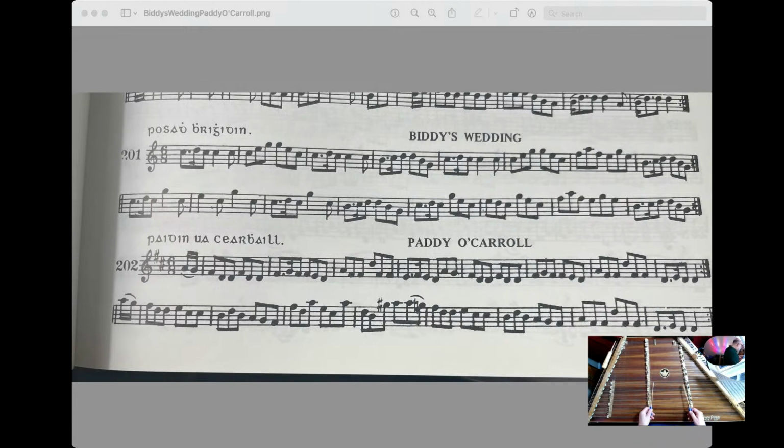Now, what would happen if instead of G, I played an E minor, which is a relative minor of G?